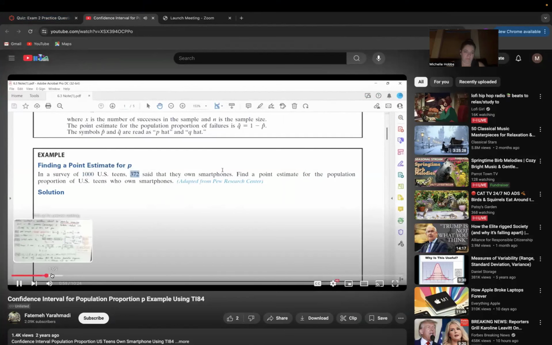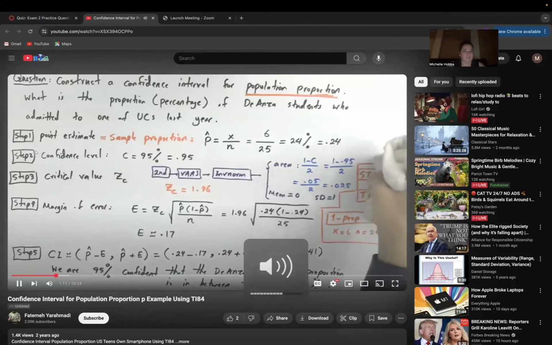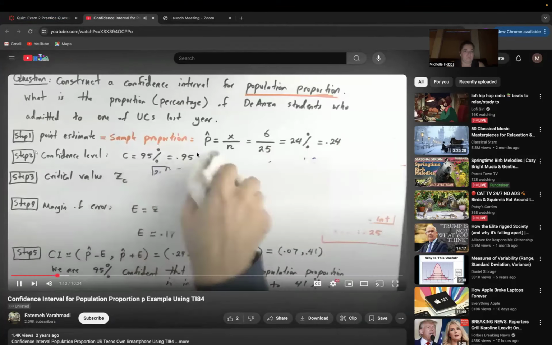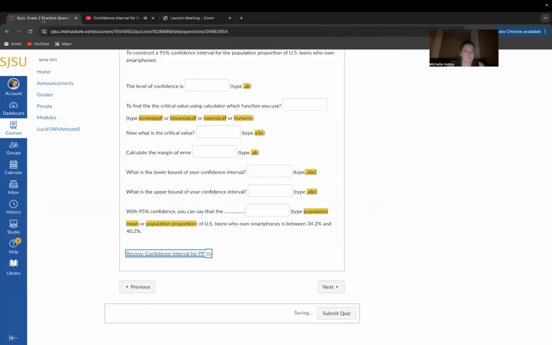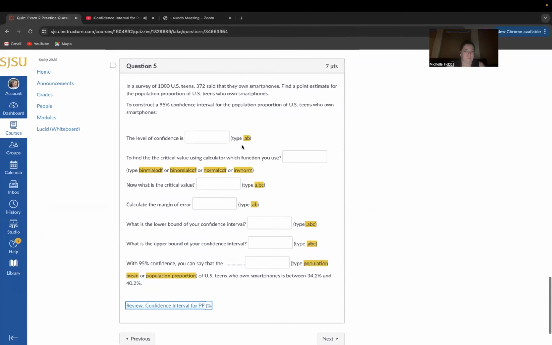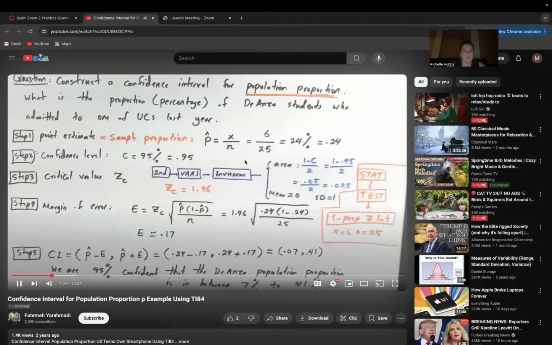What are the steps that we're going to take in building a confidence interval? Let's start this step by step. 95% confidence.